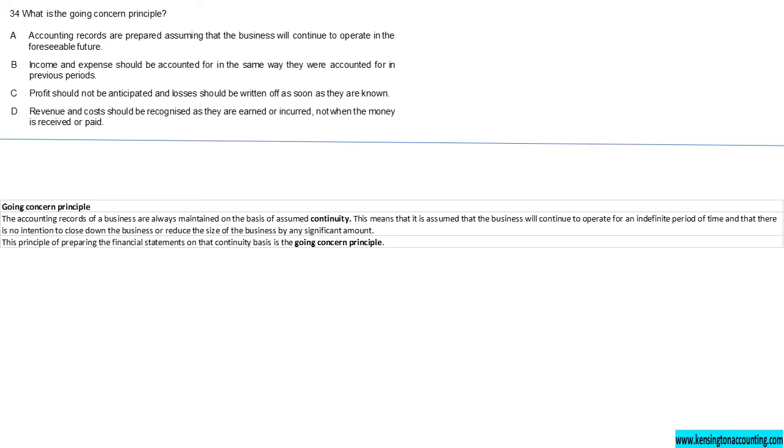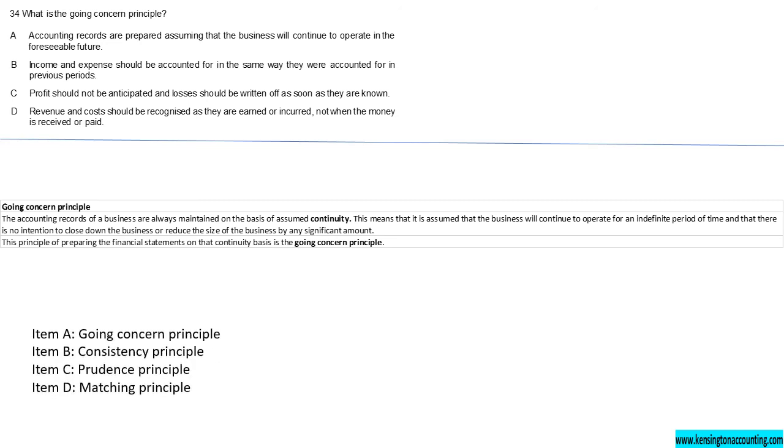Now, looking at item A, possible solution, accounting records are prepared assuming that the business will continue to operate in the foreseeable future. This is the correct definition of going concern. Item B, income and expenses should be accounted for in the same way they were accounted for in previous periods.